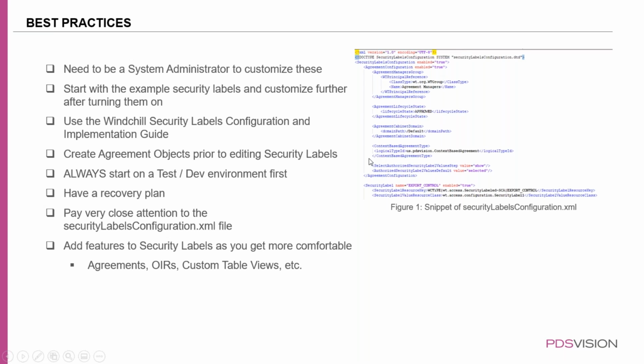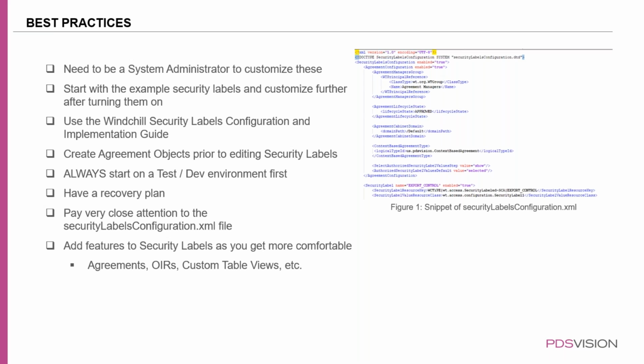The last recommendation we typically give is to start basic. Start with those examples, and as you get comfortable and understand security labels more and more, then you can expand out. Maybe we'll turn on agreements, or maybe we'll set up OIRs so that objects are created with security labels and we don't have to manually set them. OIRs being object initialization rules.